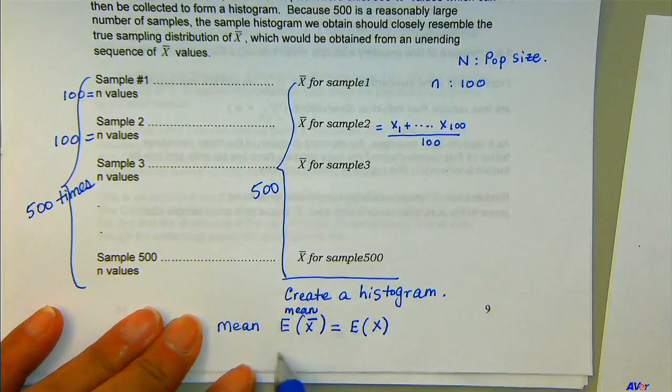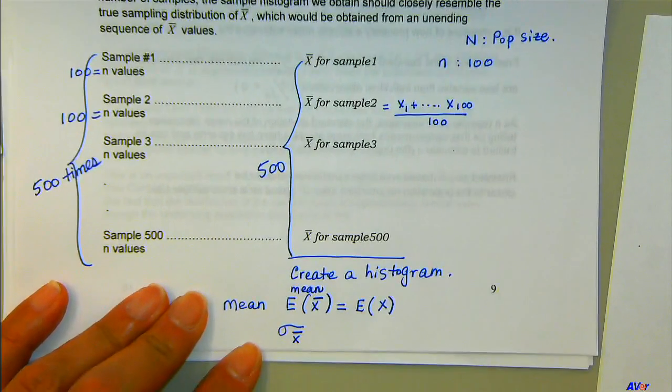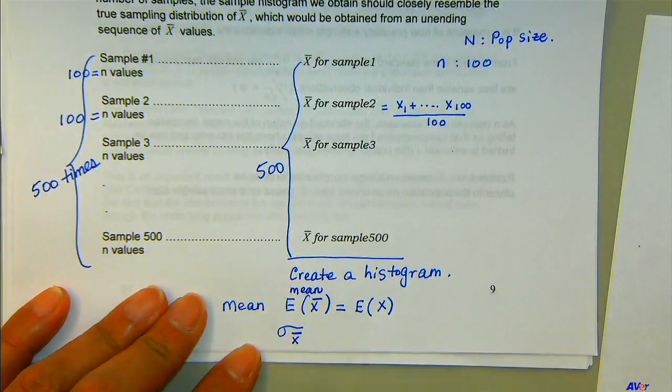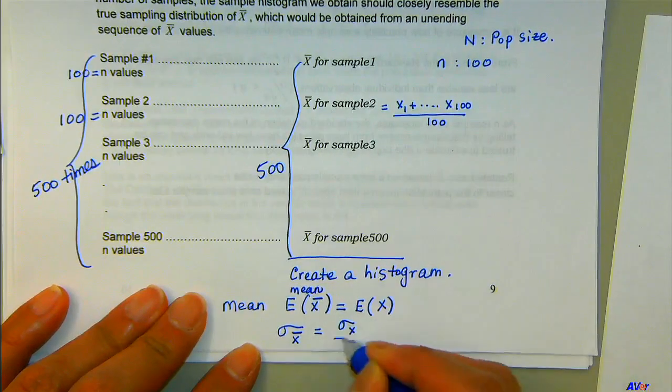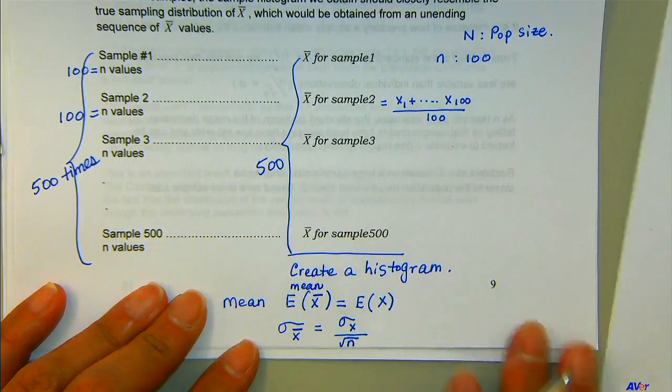And sigma of X bar, so I'm taking the standard deviation of that histogram, is equal to sigma x divided by radical n. That's what I find.